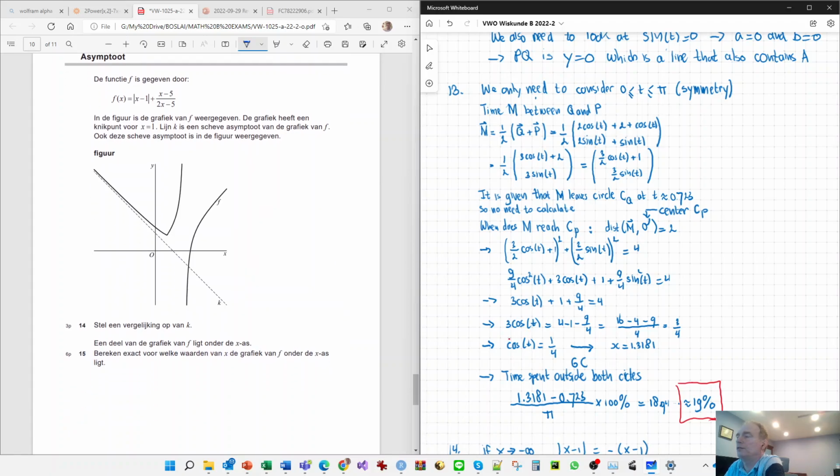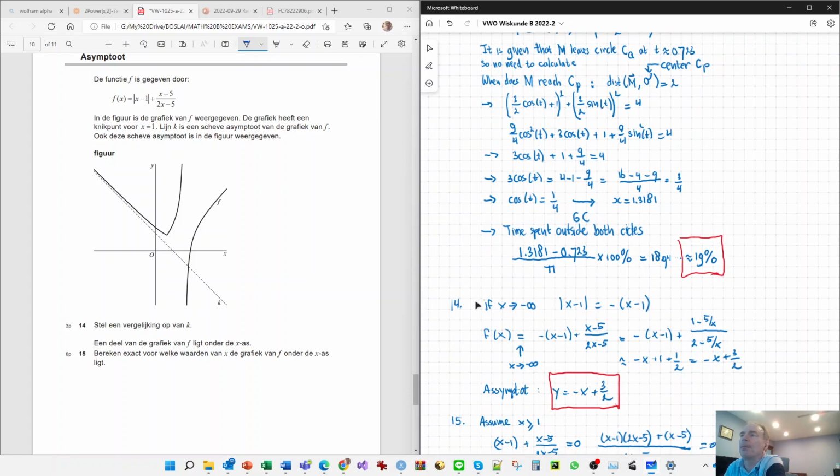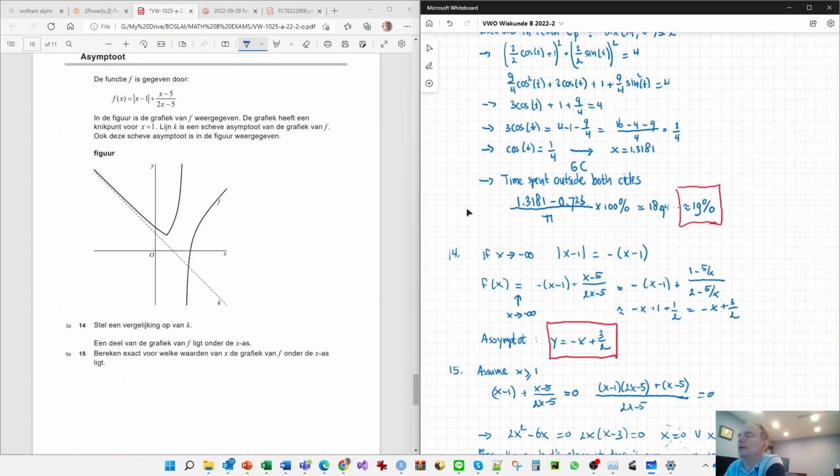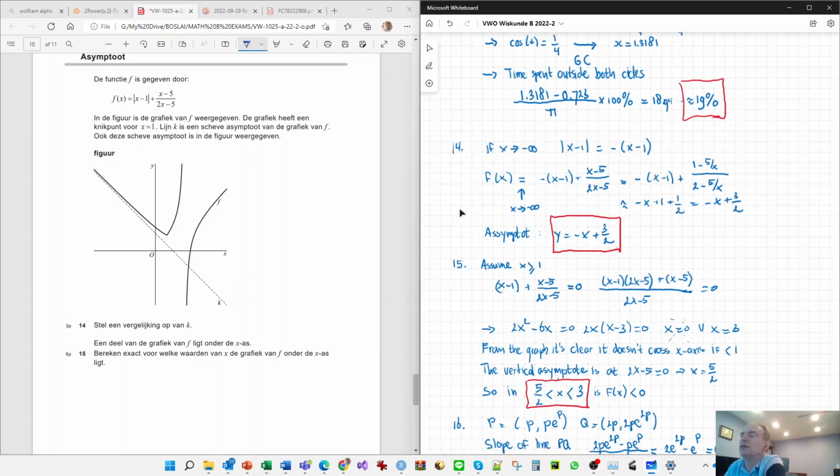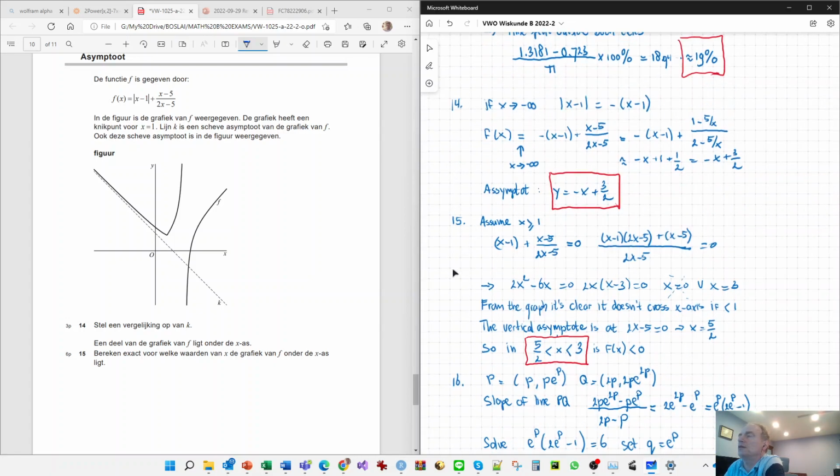Alright, function f is given by this expression here. It has a kink, a point where the derivative is discontinuous; I don't know the name of that in English.